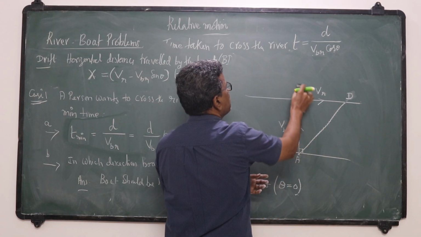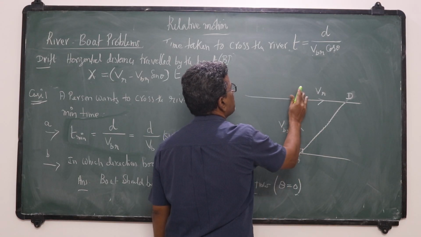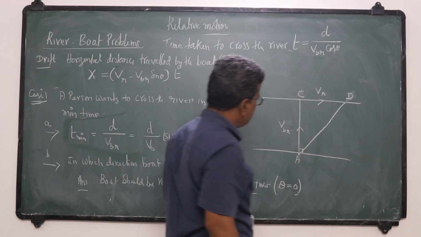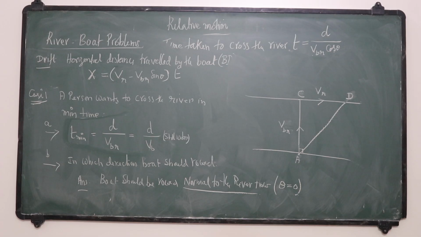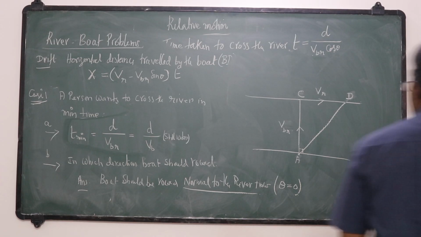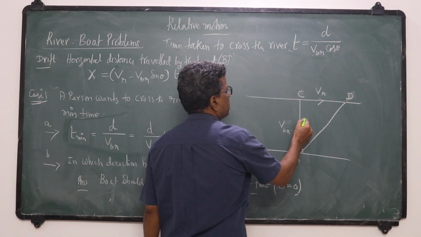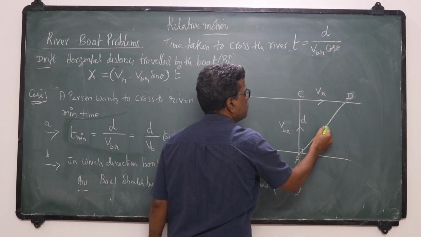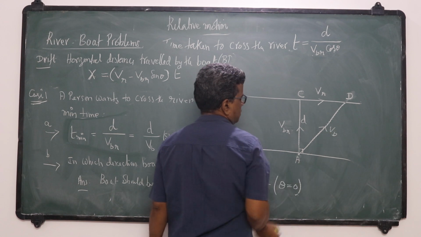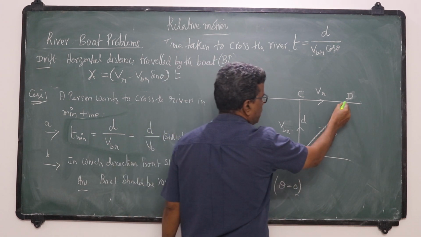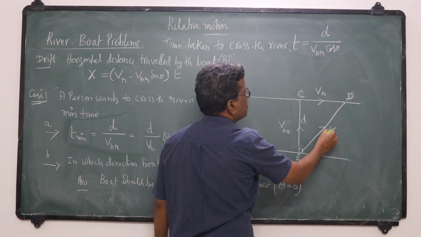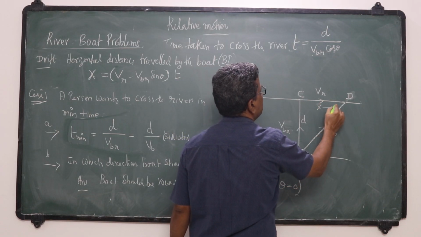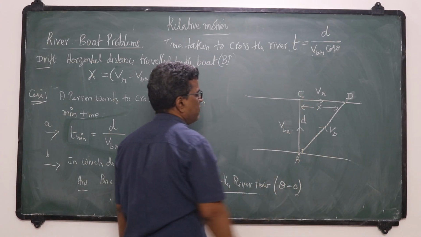I take this one as B and this one as C. AC is the width of the river, d. This is VR. So VBR plus VR becomes VB. Finally the boat reached the point D, so this distance becomes x, the drift.